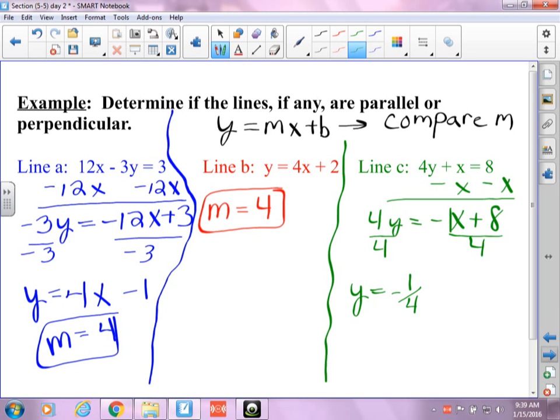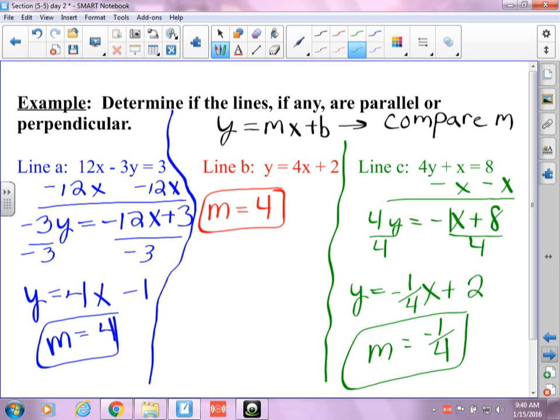Yep, there's a 1 in front of that x. Don't forget the x, because I got a couple of kids. You'll notice that it's bottom heavy because it's divided by 4. There's still some of you that put -4 there. It's -1/4. Okay, so my slope here is -1/4. Right now, am I done?